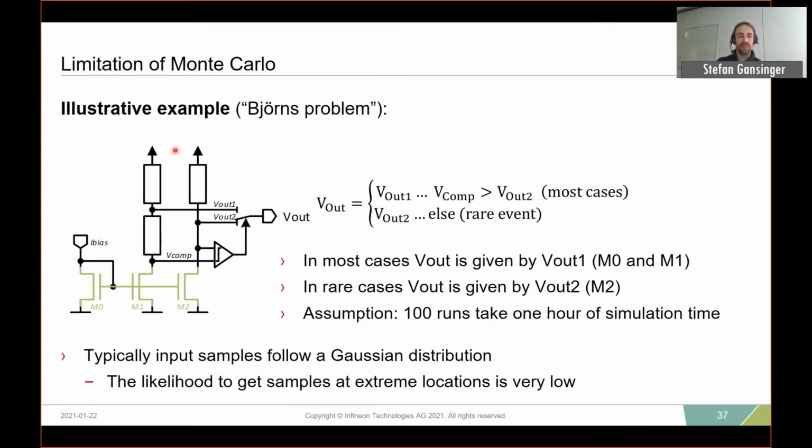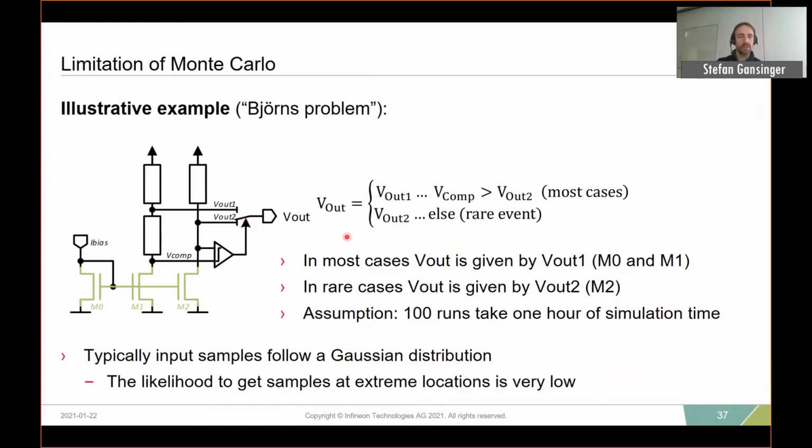So with this circuit, we can emulate two operating modes of an analog design, which can happen. We have a normal mode, where we have Vout1, but we have also, in some cases, Vout2, which is an unwanted behavior.